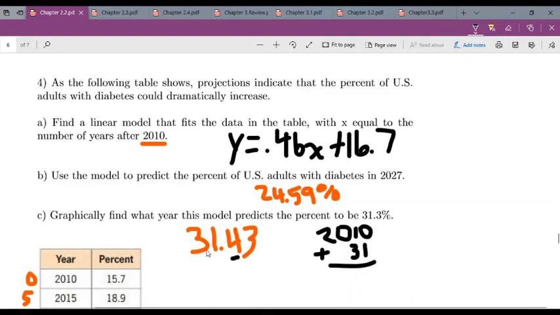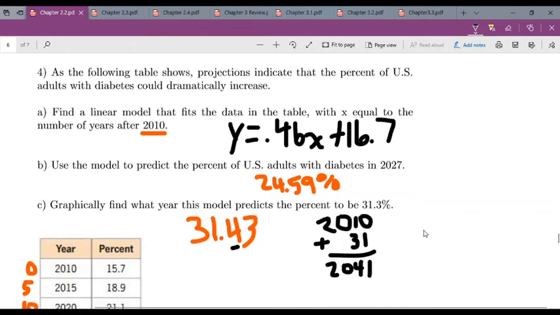If you just give the 31.43 answer, you're not going to get it right. You need to add it to that initial year. If you do that, you'll see that it's year 2041. So in year 2041, that's when the percent turns out to be 31.3%.